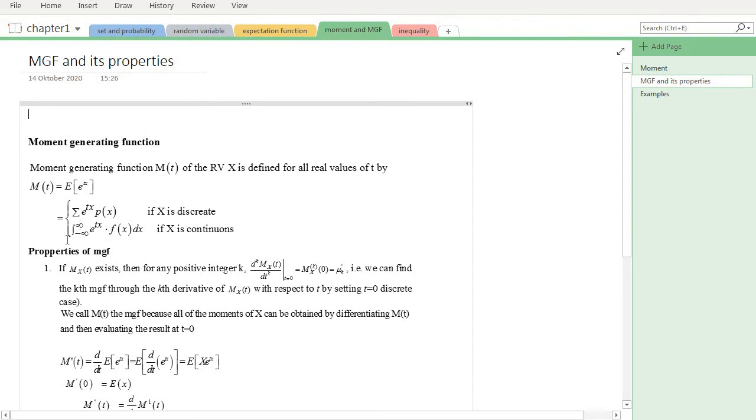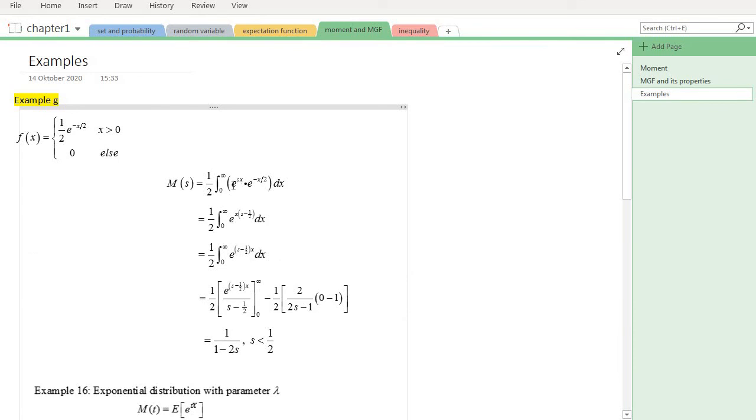We need to have an integral of e to the power of tx multiplied with fx. So we move back. We have to use e to the power of tx because this is x, so x multiplied with the fx function here. So we just take out the constant half here, and then this term is here.